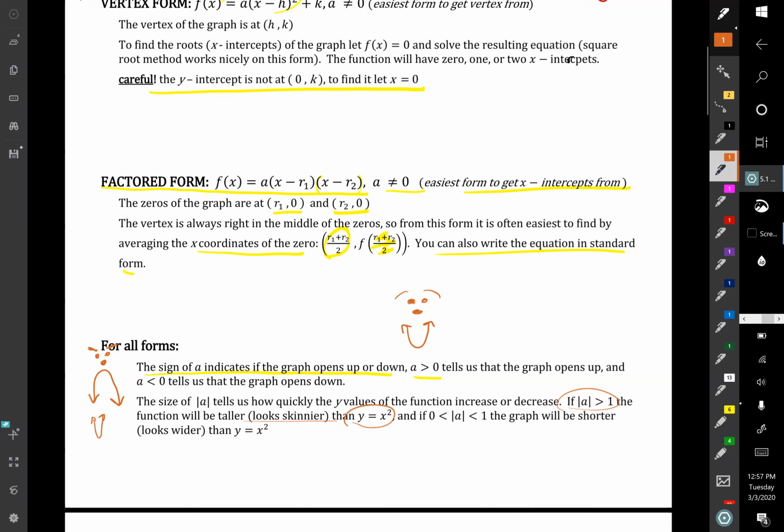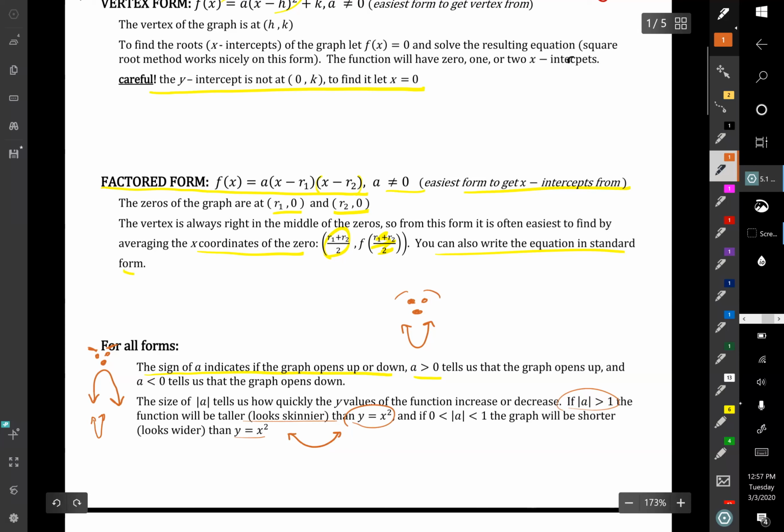And if the absolute value of a is between 0 and 1, so if it's a fraction, whether negative or positive, a proper fraction or a decimal in between, the graph will be shorter than its parent function. So it's going to be going out slowly. Pretend that's symmetrical there. I'll fix that.